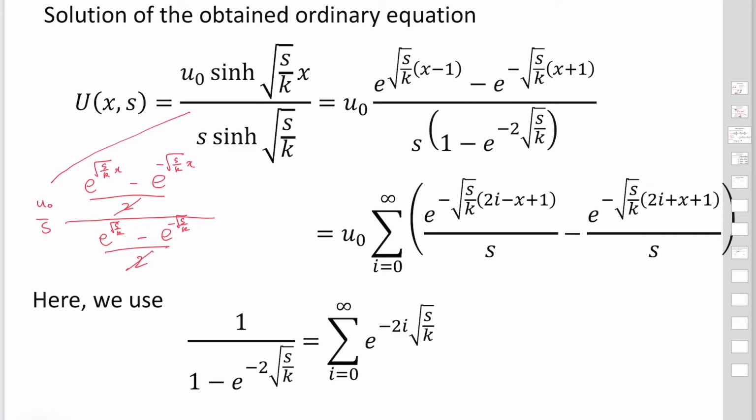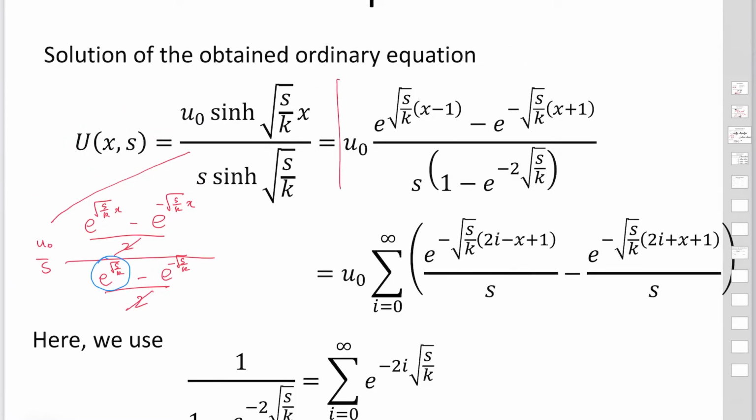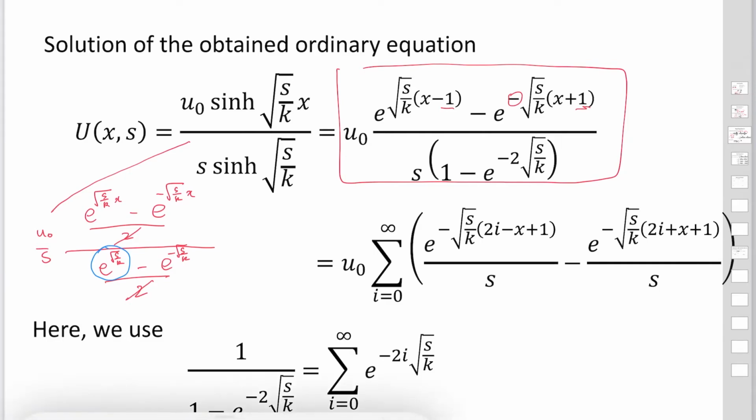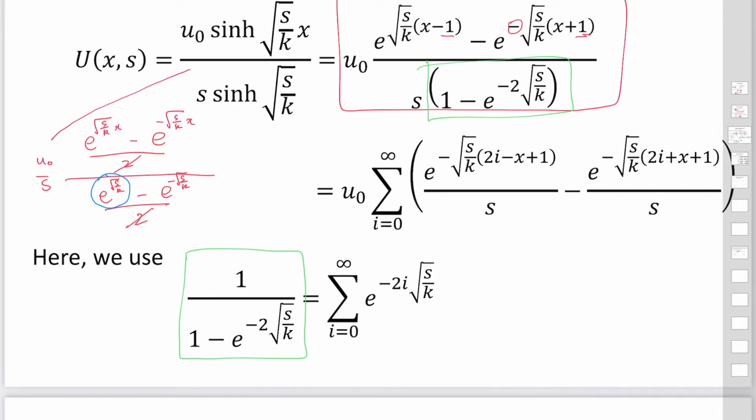Then if you divide the numerator and denominator by the exponential of square root of s over k, it becomes these equations. If you look at this, it's exactly equal to this one. Consider 1 plus alpha plus alpha squared plus alpha cubed and so on up to infinity. This is equal to 1 over 1 minus alpha when alpha is less than 1.